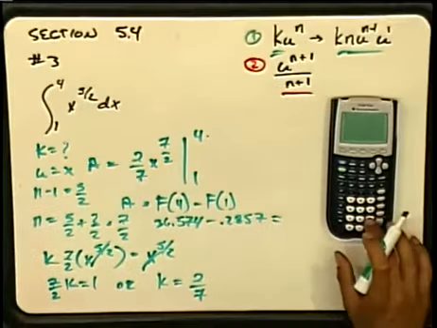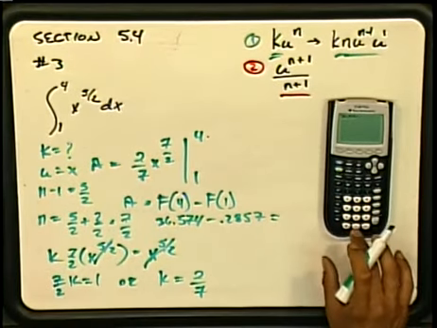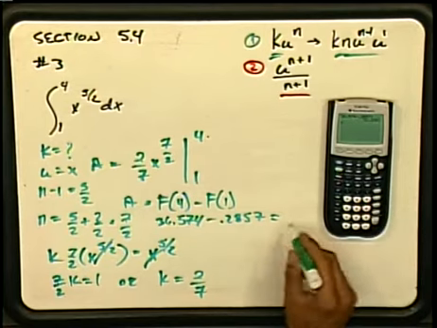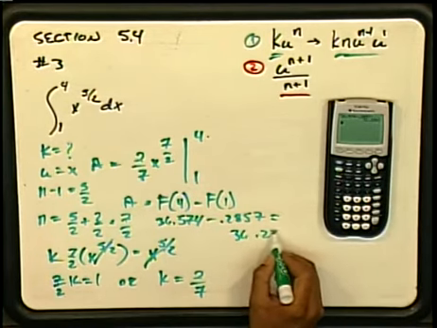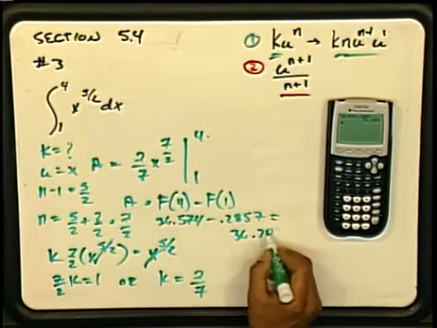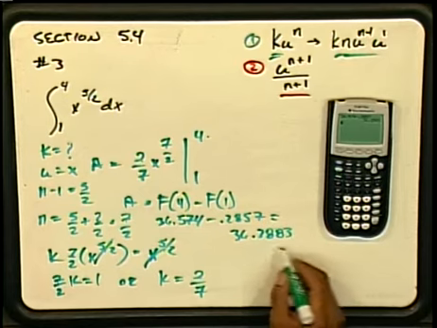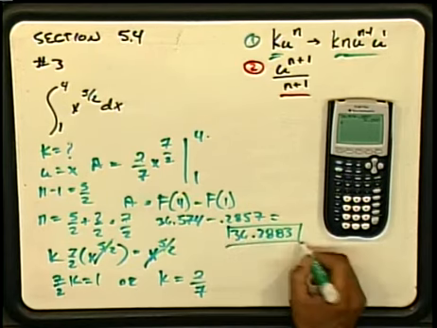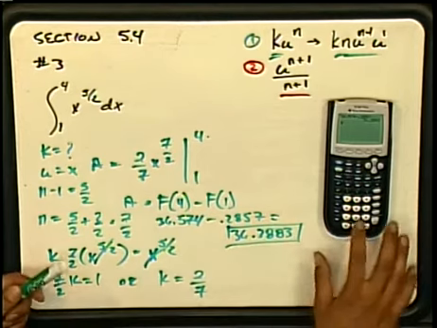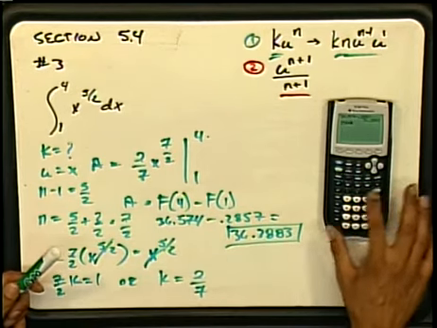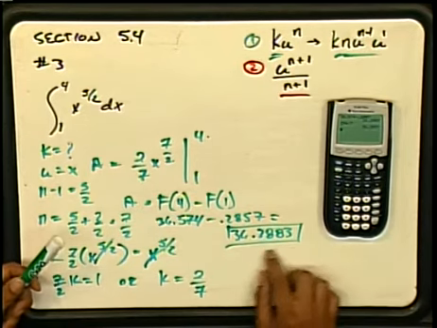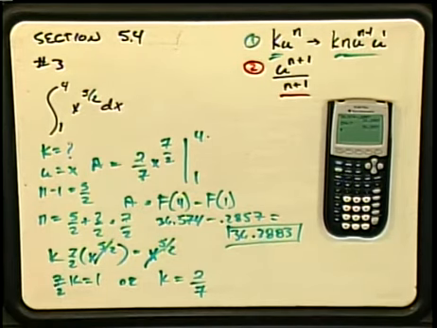That equals 36.2883, or 254 divided by 7. 254 divided by 7. Yep.